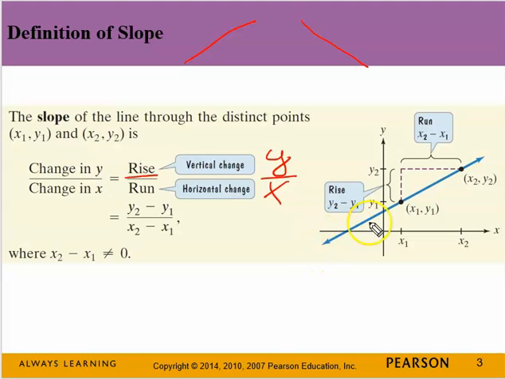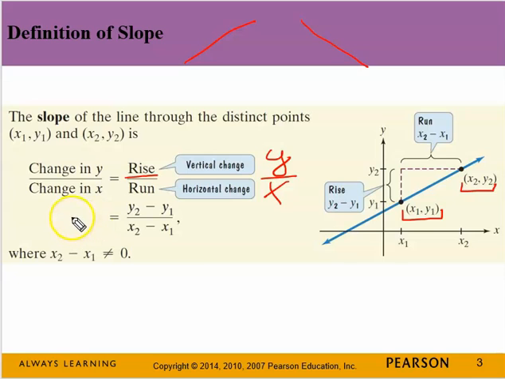So in a graph, if we have an ordered pair and another ordered pair, we're calling these the sub 1s and these the sub 2s. If we subtract them from each other, we get a ratio. How much did it go up? How much did it go across?